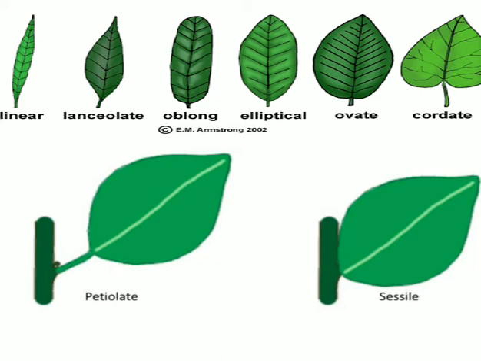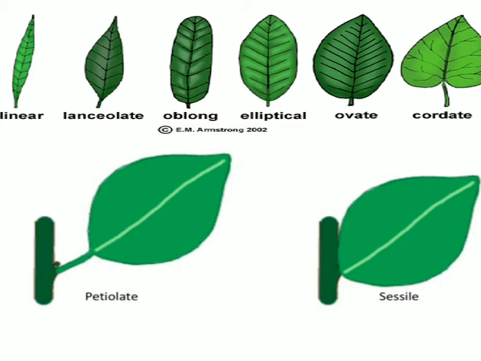If the leaf is elongated and thin, it is called a linear leaf. It could be lens-like, when it is called a lanceolate leaf. This is an oblong leaf. This is elliptical, ovate, cordate, and several other types are possible in different plants.